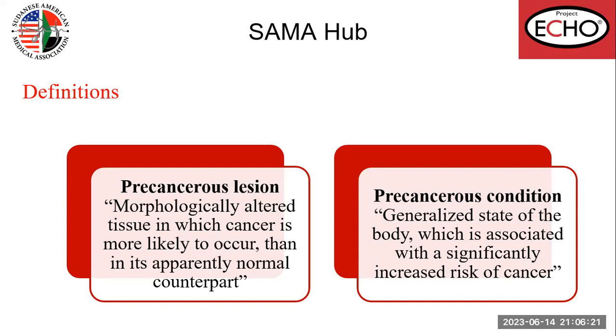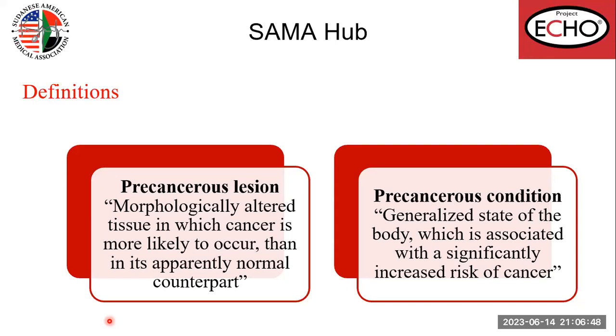A precancerous lesion is a morphologically altered tissue in which cancer is more likely to occur than in its apparently normal counterpart. So it's usually confined to a specific location or a specific organ or tissue, which has a morphological alteration, or a change in shape or appearance.